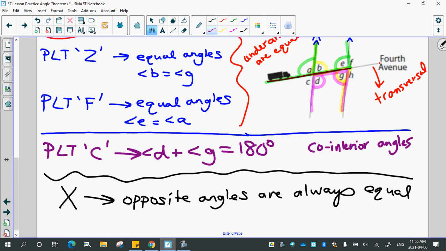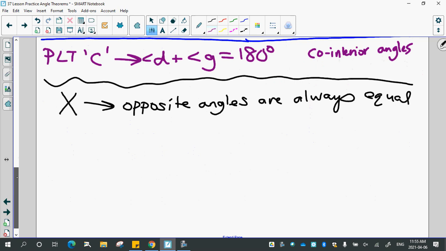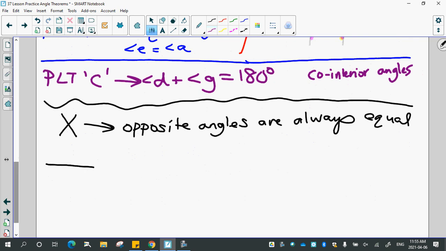So it doesn't matter whether they're parallel or not. And then the other kind of letter pattern that people think of is like a T, right? Which is really parts of a straight line. So these are supplementary angles add up to 180.